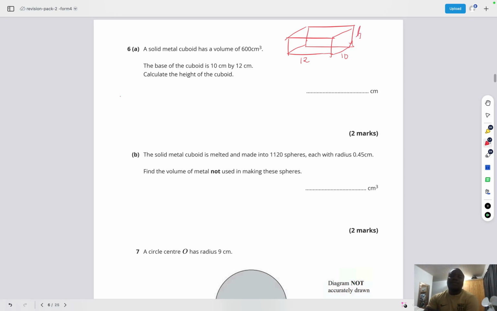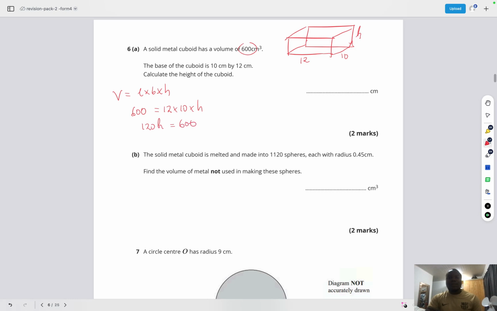So what we know is that to find the volume of a cuboid, it's L times B times height. In this case, we've been given the volume. So we know that the volume is 600 equals the length 12 times the breadth 10 times the height that we want to find. Now 12 times 10 gives us 120h equals 600.